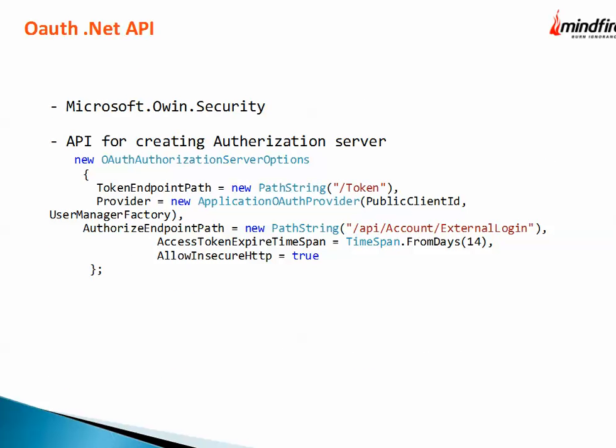Using this API, we can create these servers. You can get this Microsoft OAuth security package, which provides all the necessary API. You can get it from the NuGet package.